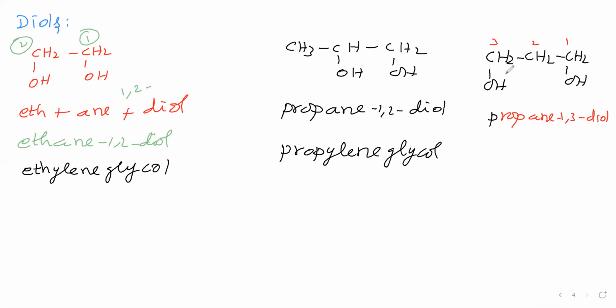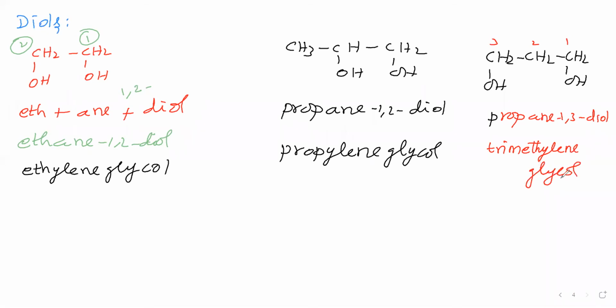Now the common name: CH2 groups are present 3 times, therefore we will say trimethylene. Methylene means CH2 group. 3 CH2 groups are there, therefore trimethylene. And 2 OH groups, therefore glycol.